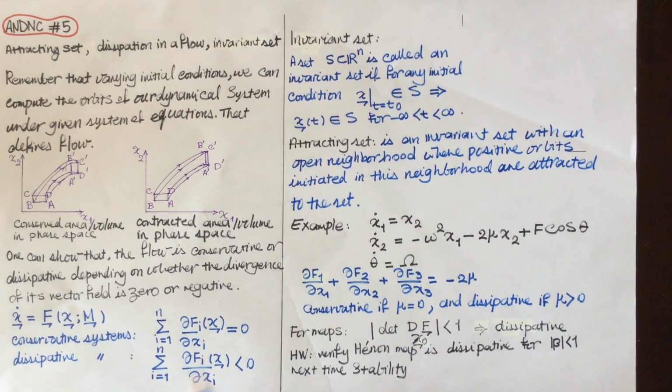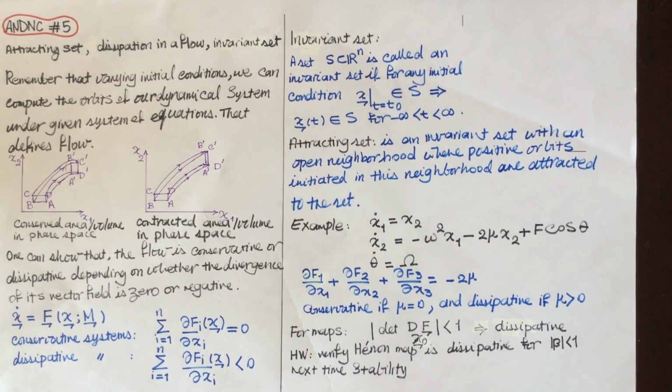Right? So the conservation or dissipation is determined by computing the divergence of the vector field. In other words, we compute the sum over i of dfi to dxi. And if this is equal to 0, that system is conservative.